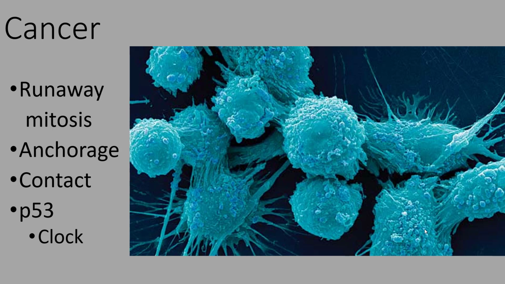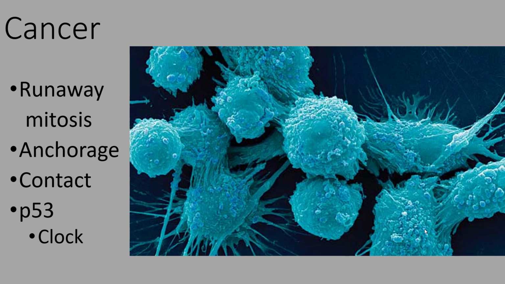But how do cells know? Cells have something called contact dependence and anchoring dependence. Cells hold on to their neighbors like we saw back in cell junctions. And when they are touching their neighbors, they know that. And if a cell is touching its neighbor, it doesn't need to make more cells because it's already touching its neighbor.